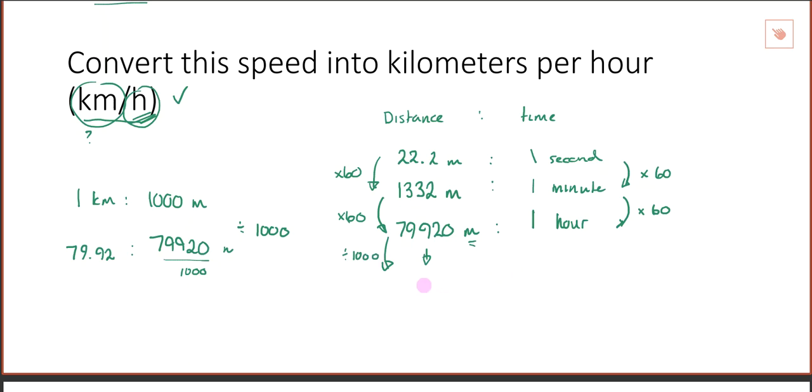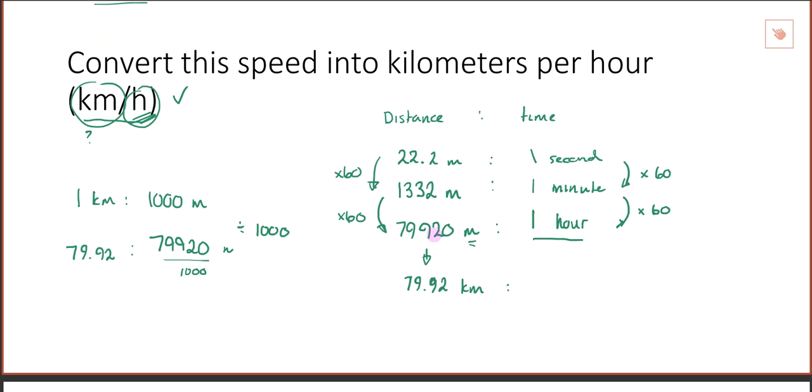So that's 79.92 kilometers. Now, I don't divide this one because I am just converting units rather than having a new ratio. This is just a conversion of units. So I'm not going to write my divide by 1,000 here. This is why I put it over here.